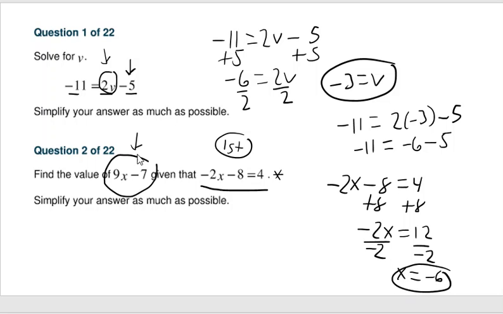Once you know that x equals negative 6, you can find out what 9 times x minus 7 is by plugging the negative 6 in for the x and then simplifying. So 9 times negative 6 is negative 54, and then negative 54 subtract 7 is negative 61.